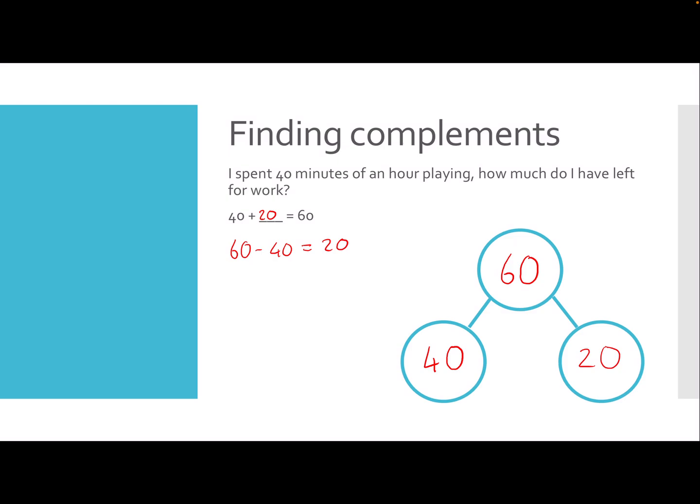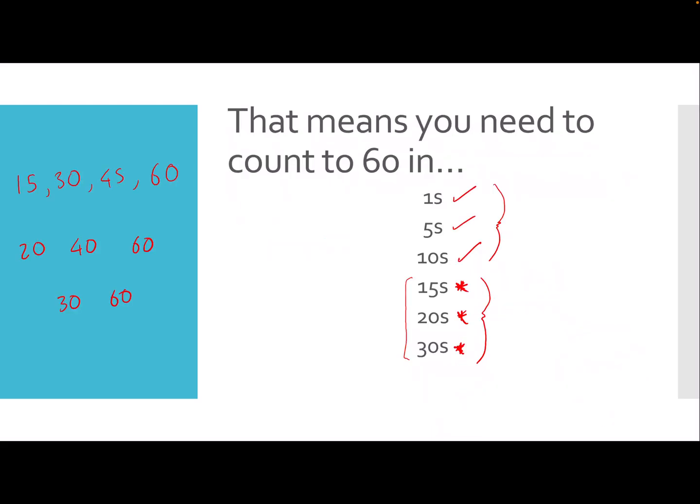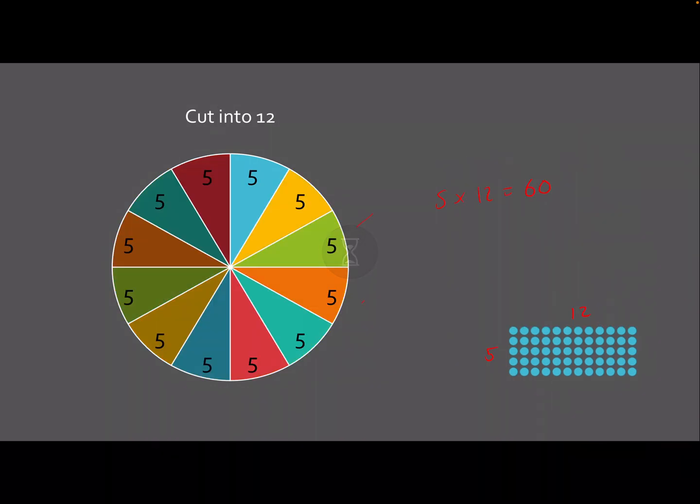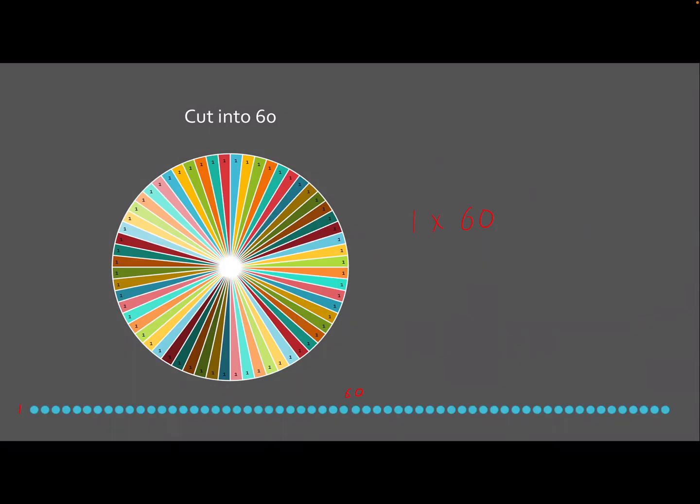So some of the bits of work today I will give you are these complements. It's basically a cherry model with 60 at the top. I tell you one half of the cherry model and you tell me the other half. But I will only give you numbers that are in one of these tables. And I know everything's in the ones, but let's ignore that for a minute.